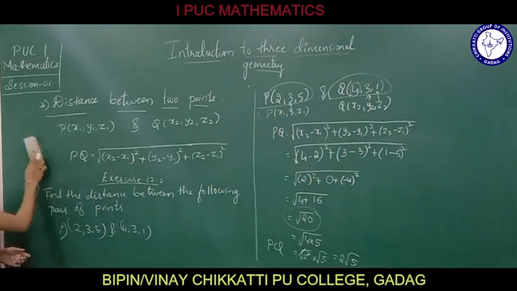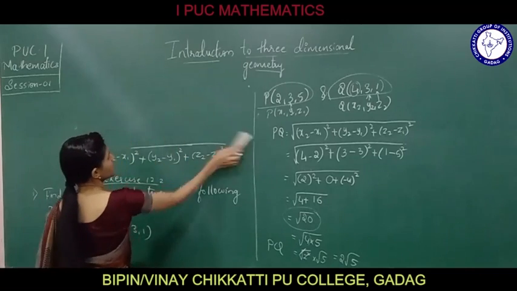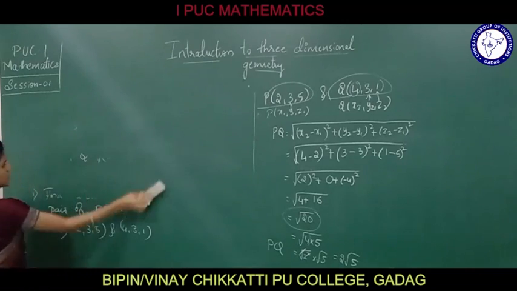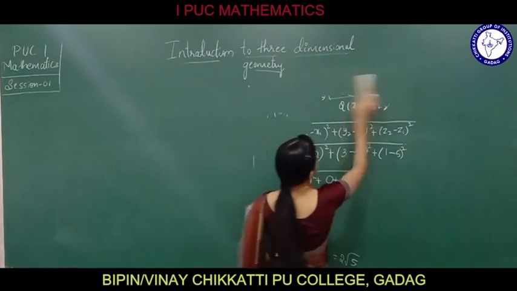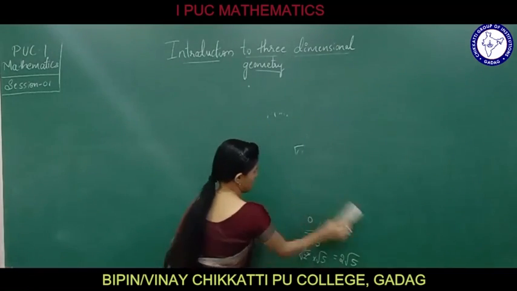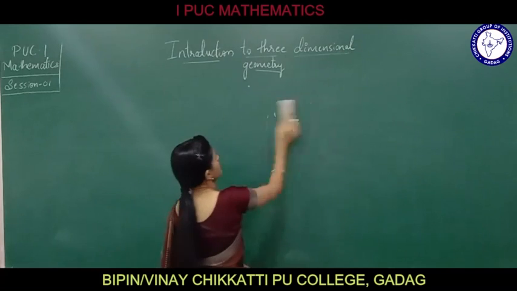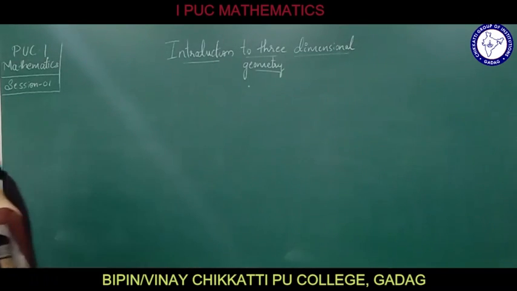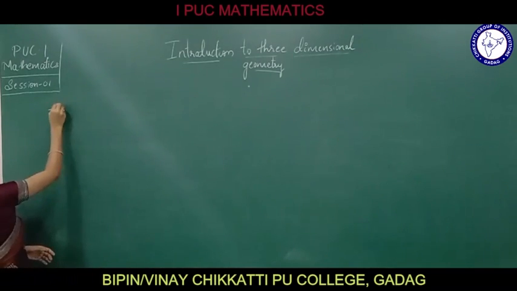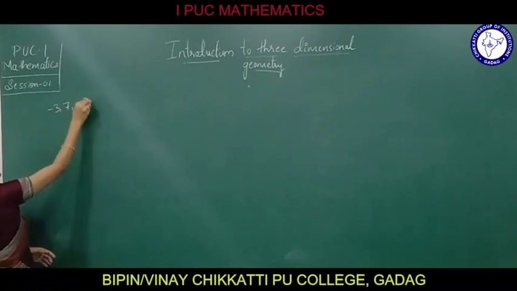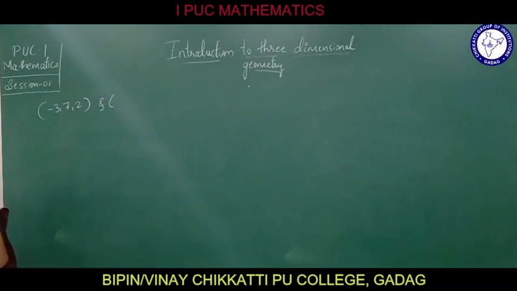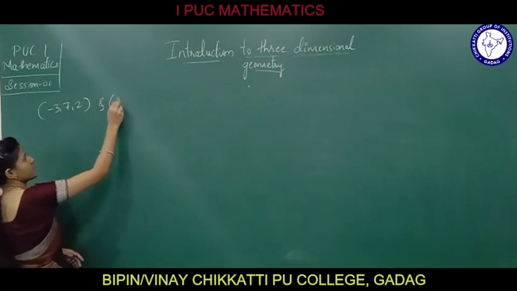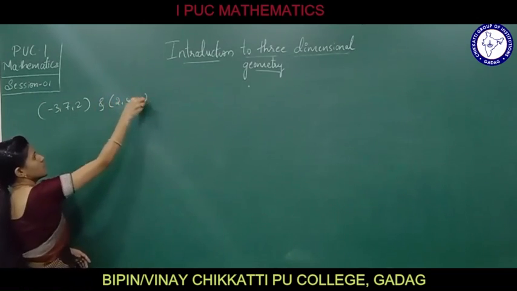Okay. What is the second problem given? It is given that the 2 points are minus 3, 7, 2 and one more point given is 2, 4, minus 1.